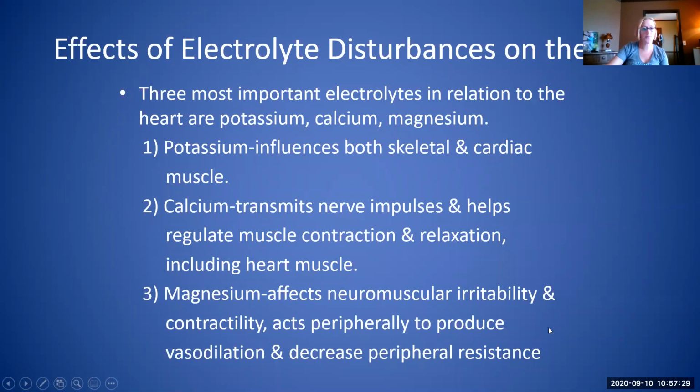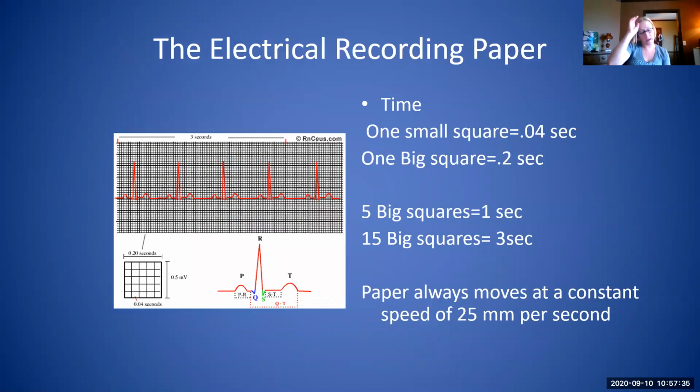All right, so you have your electrical recording paper, the paper or the monitor. It doesn't really print out anymore like it used to. You just print sheets of it now. But it does move across the monitor at 25 millimeters per second. It always runs at that constant rate. So in order to determine heart rate, we need to know what the measurements are for those little squares.